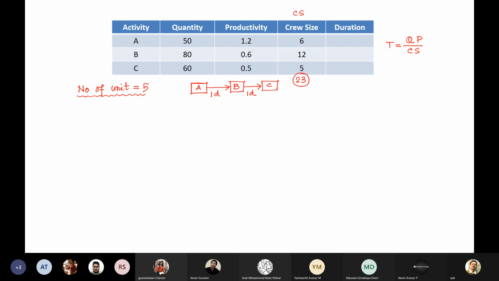This is your CS, this is your P, and this is your Q. So find out the time duration T. Can you find out? Tell me.